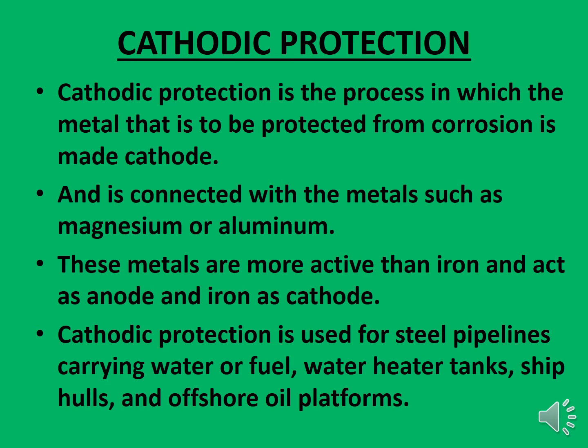These metals are more active than iron and act as anode, and iron acts as a cathode. Cathodic protection is used for steel pipelines carrying water or fuel, water heater tanks, ship hulls, and offshore oil platforms.